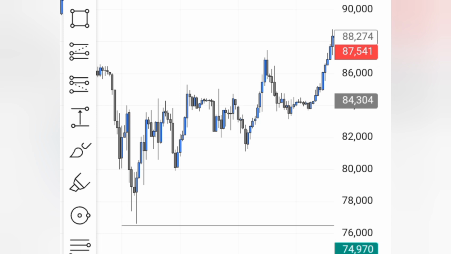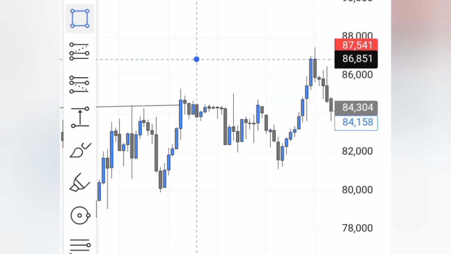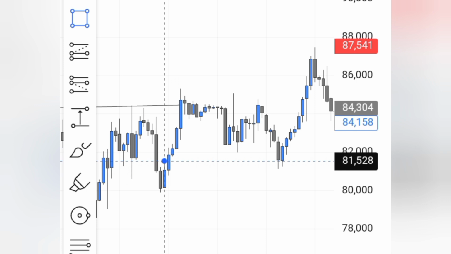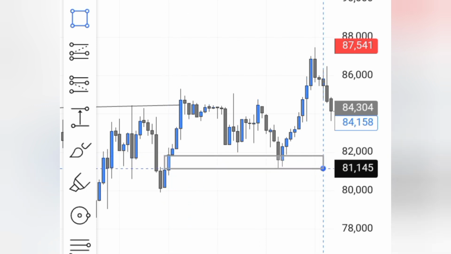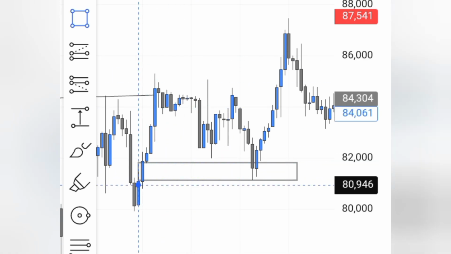So now we had this example right here. This was a break here, then after confirming the break of market structure, we come down, a fair value gap right here. So the fair value gap strategy when added with an order block is really very nice.